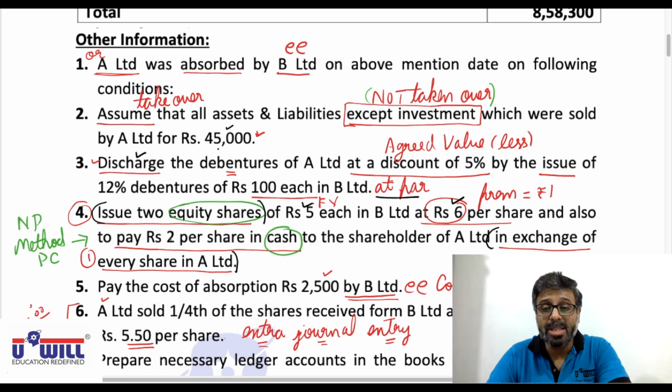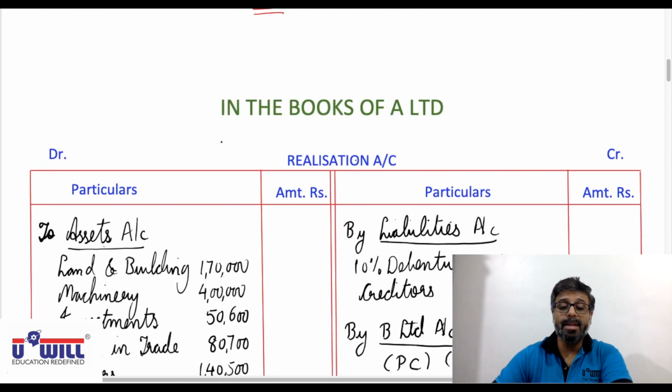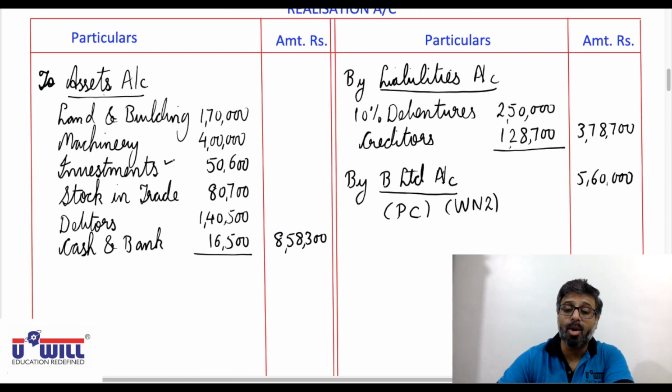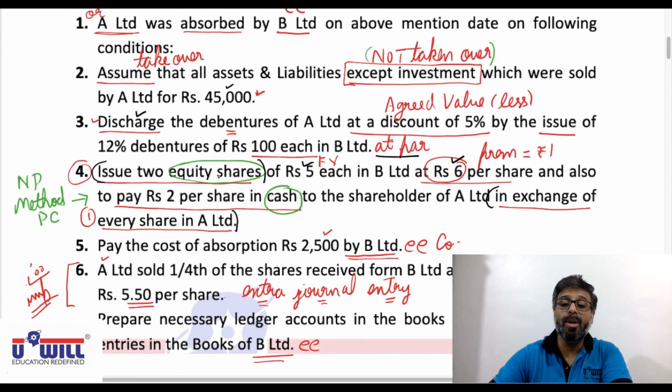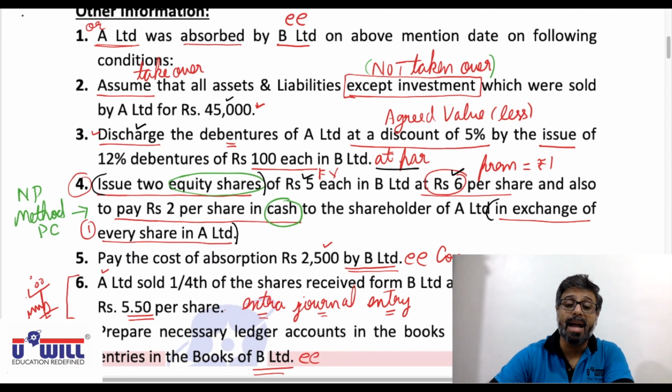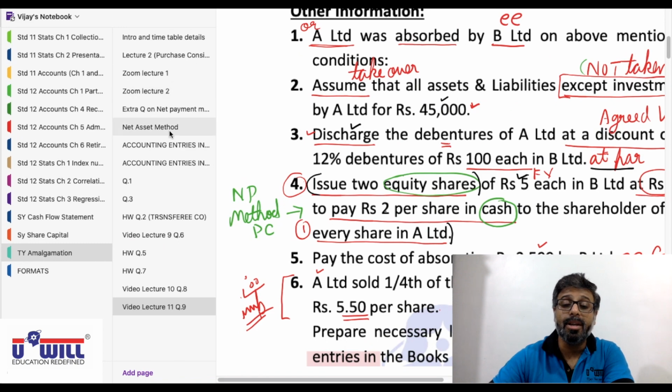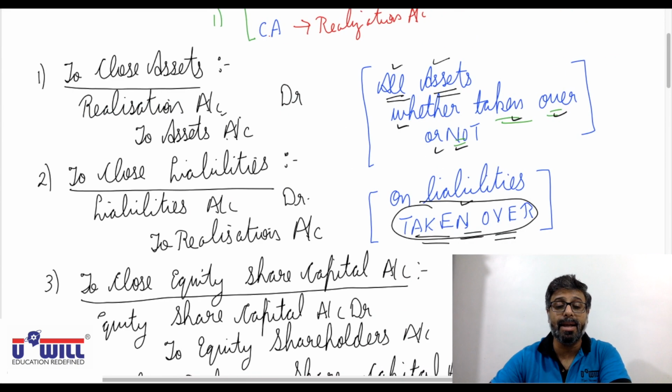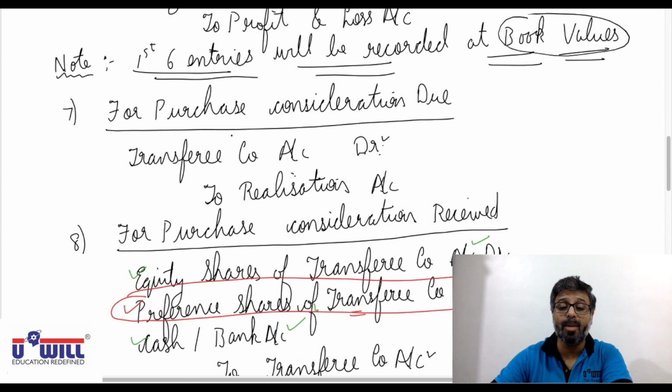No. We studied it earlier that investments are already closed and transferred to realization account. So now we have to pass the entry cash and bank account debit to realization account. Check it up here. Take out your summary if required.